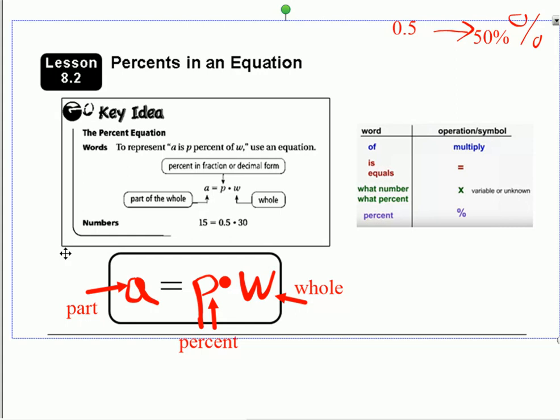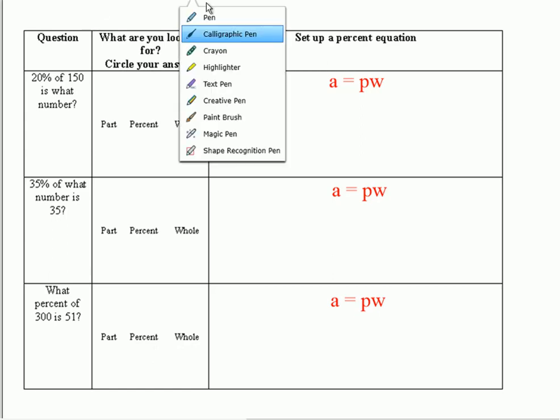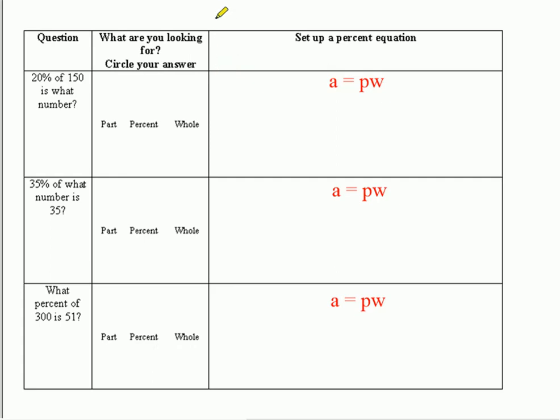So let's go over a couple examples of these. There are 3 types. I could look for the part, I could look for the percent, or I could look for the whole. So let's underline some keywords and stick with me, and I'll show you how easy it is to do this. So this question says 20% of 150 is what number? So I know that I have the percent. I have that one.